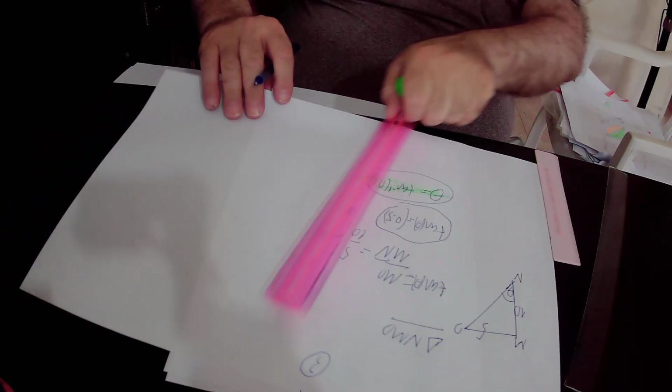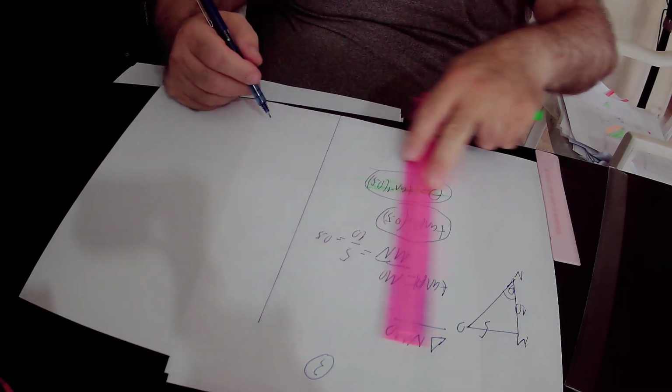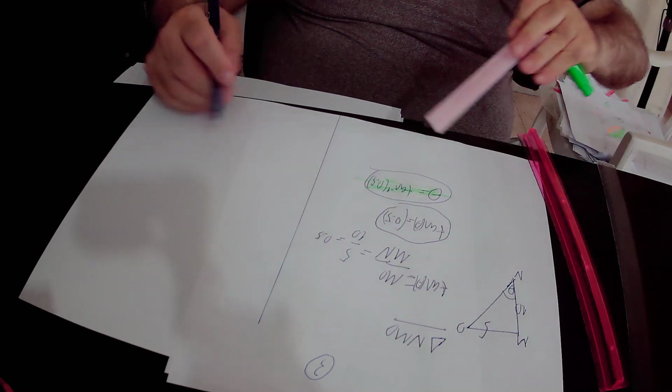In the next step we find the value of sine 2 theta, so I copy the right triangle again here.